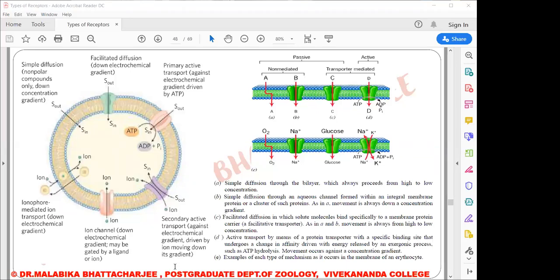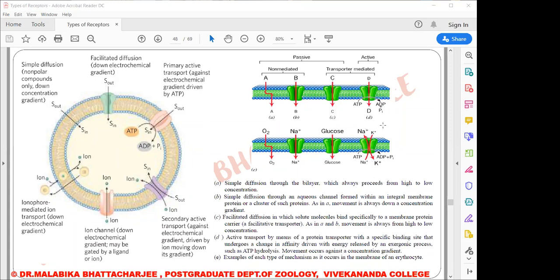So this is a picture where you can see the diffusion has been shown. This is simple diffusion, this is facilitated diffusion, and this is active transport, as you can see. This is one form of active transport where the ATP is broken.